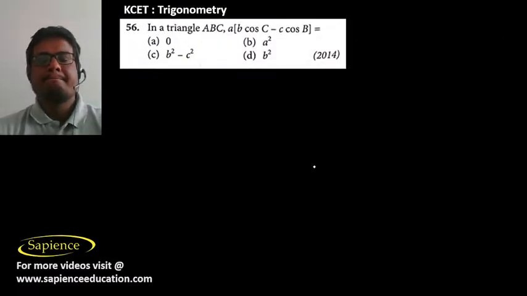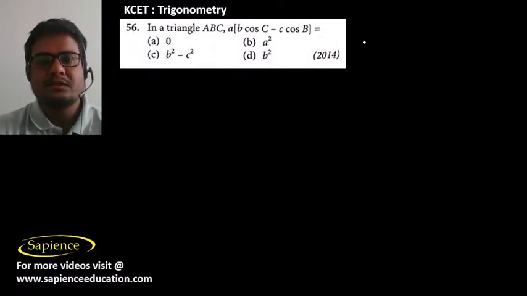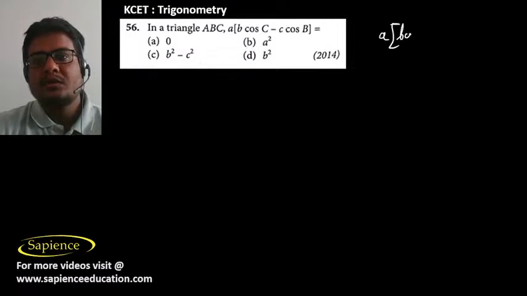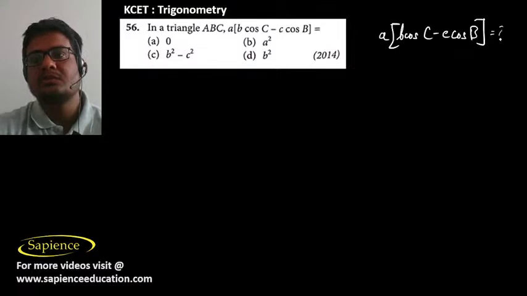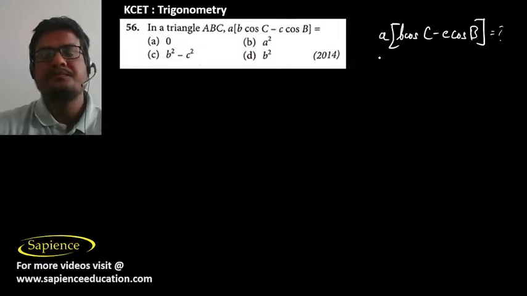Okay, then in question number 56, it is told in a triangle ABC, a into b cos C minus c cos B, that is equal to how much?